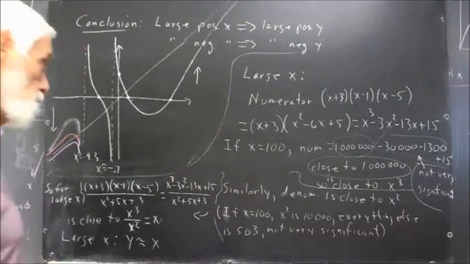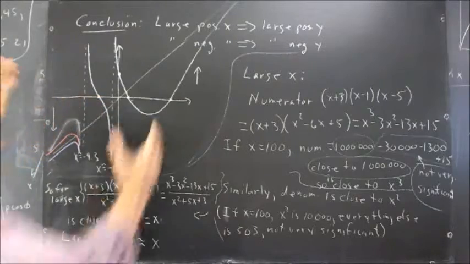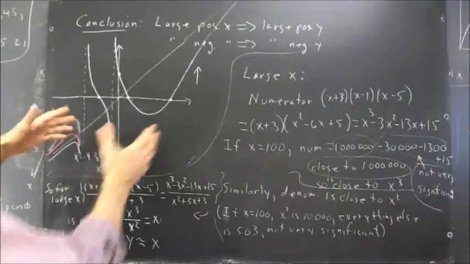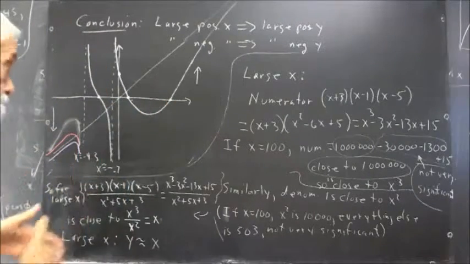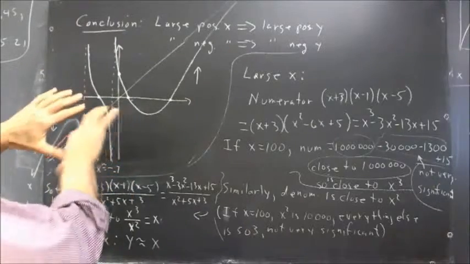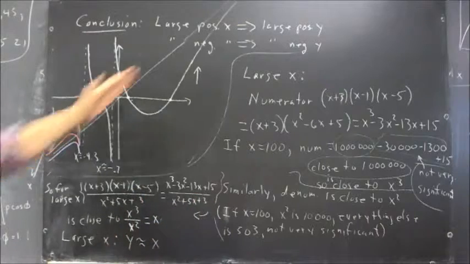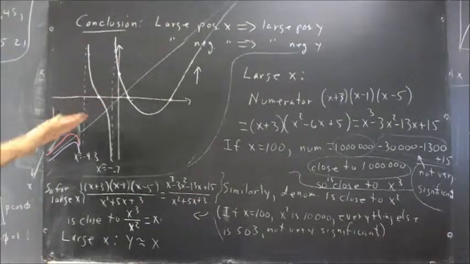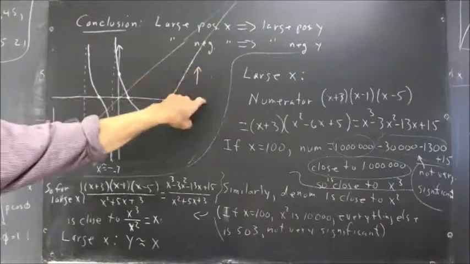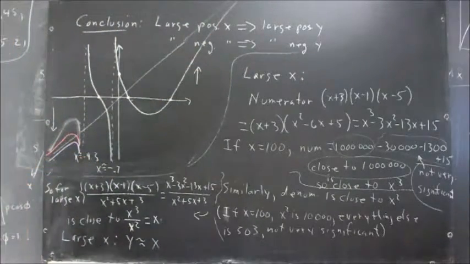So you use large x, and then the behavior for small x, and small x being anything in the vicinity of the zeros and vertical asymptotes, will have to articulate with the large x behavior, and we'll modify the large x behavior. This graph is nowhere close to the graph of y equals x when we're between about here and here. But as we go further away, it becomes close.